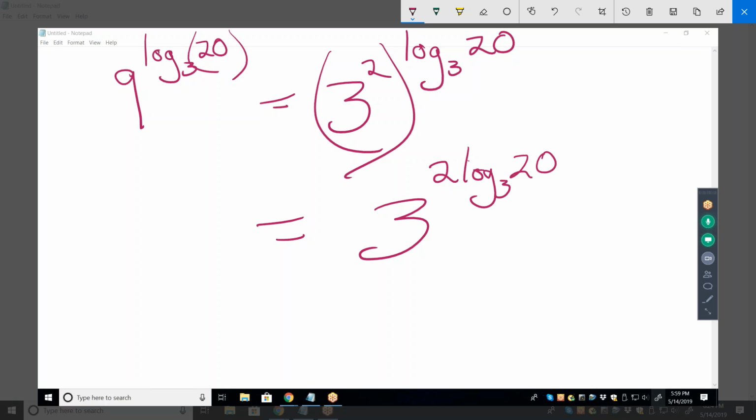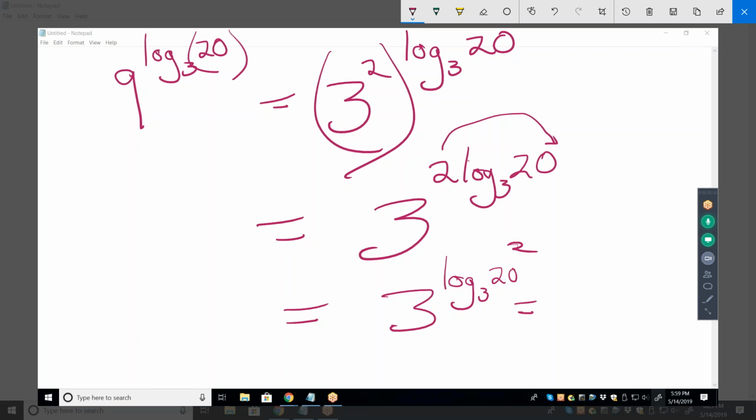Now, using the other property of logs, what can I do with that leading 2? You can square log base 3 of 20. In other words, I can move it up to be the exponent of 20. So this becomes 3 to the log base 3 of 20 squared.